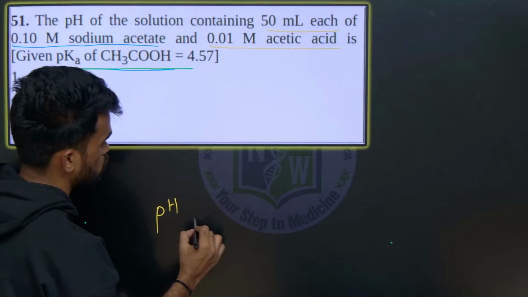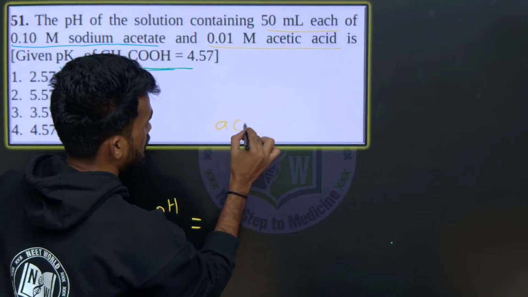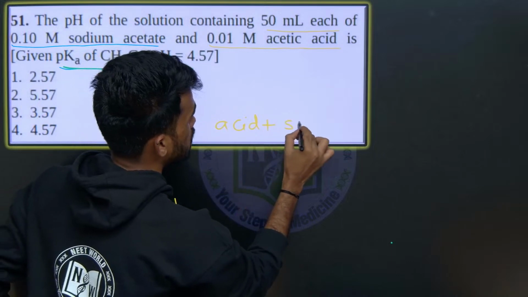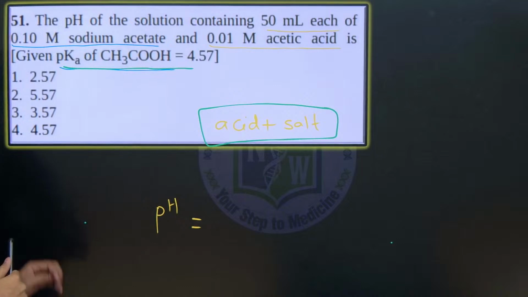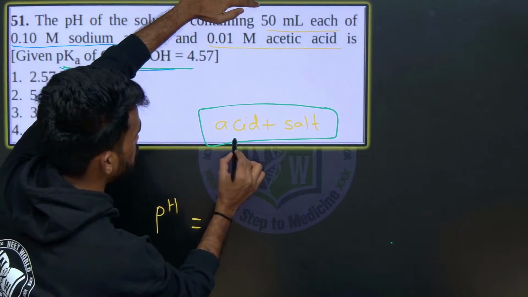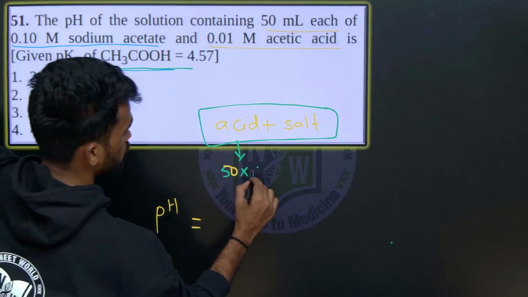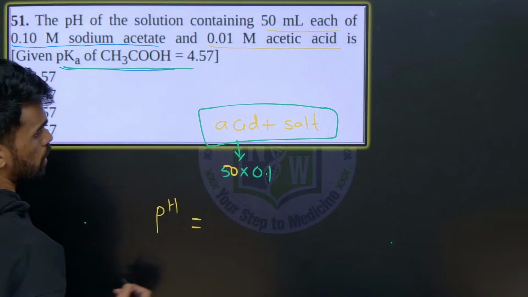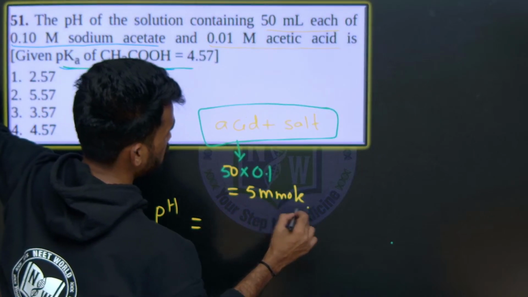See, the solution is made up of acetic acid, that is, acid plus salt of that acid, right? So this is a mixture they have taken. What is the quantity they have taken for acid? 50 ml into 0.1 molar, so this will be 5 millimoles of acid.